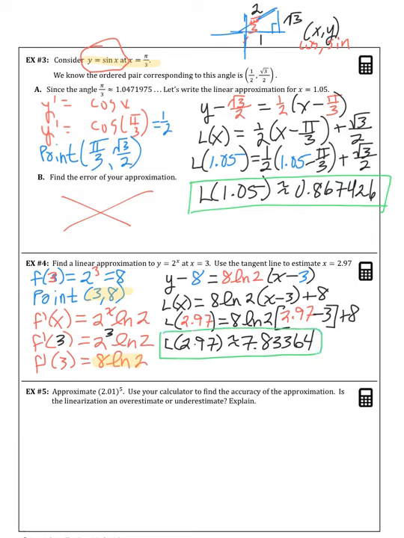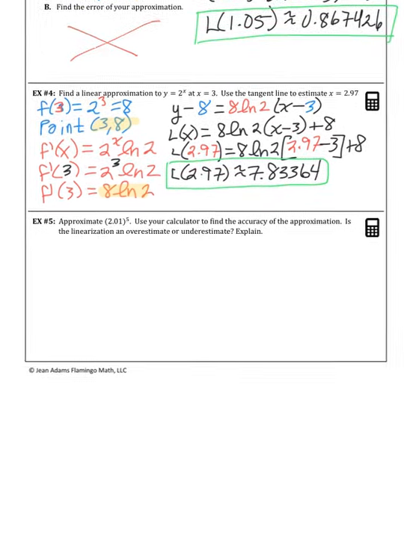So that is our approximation, and actually we know that 2 to the third is equal to 8, and look at how close we actually got. So we didn't do too badly there.